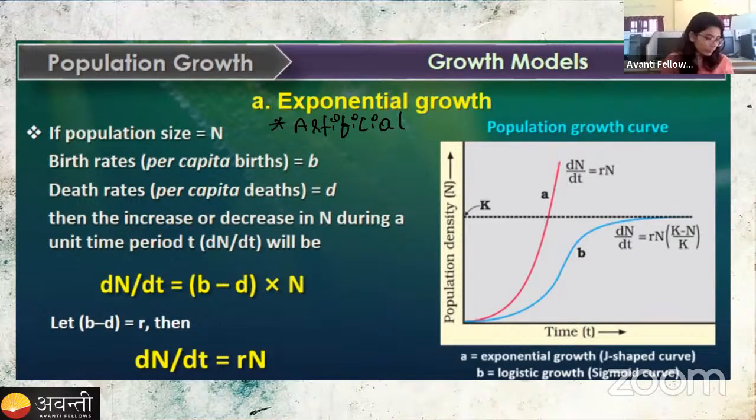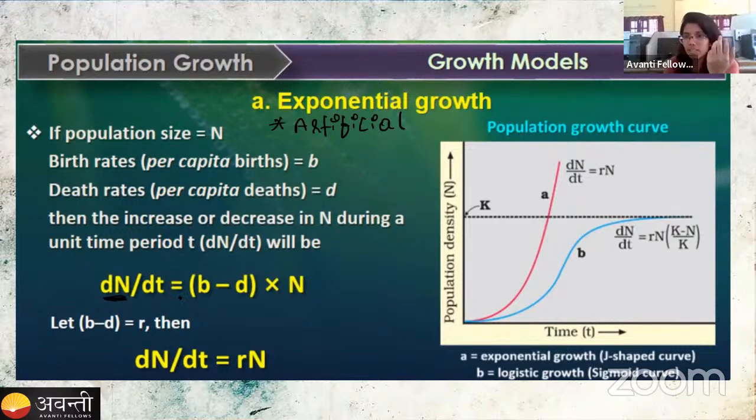Let's say now in a particular time, which means in 10 minutes or in 1 day, how many bacteria have grown, which is how we are going to write dN by dt.